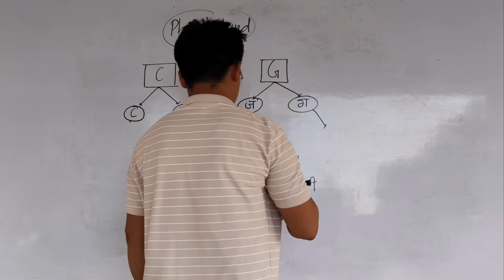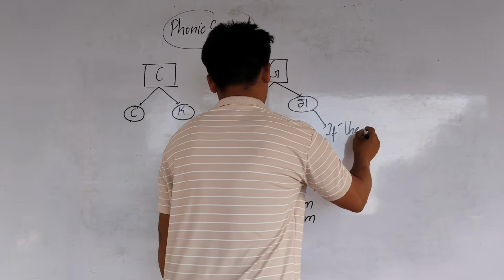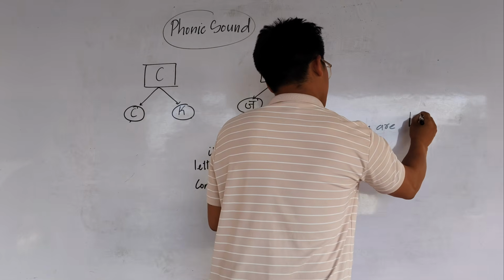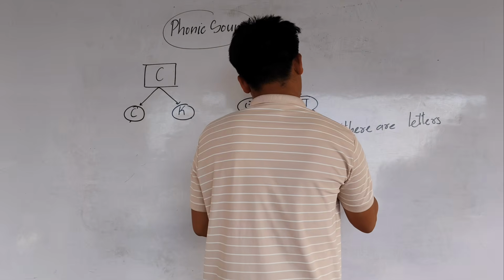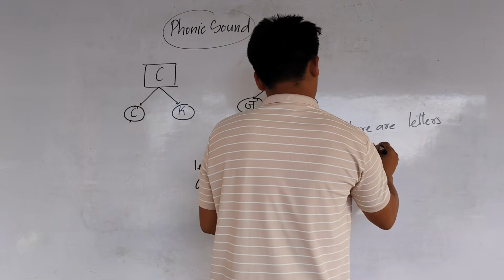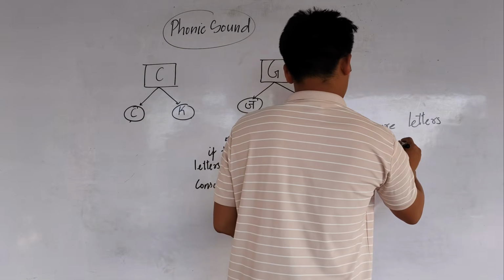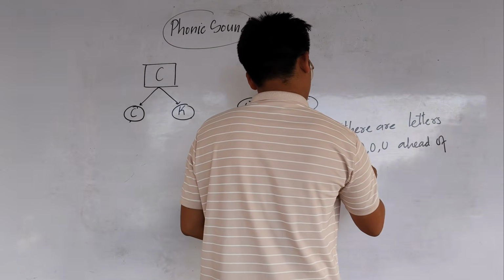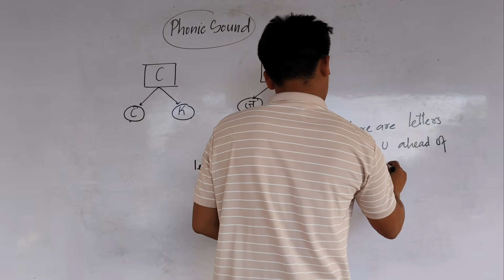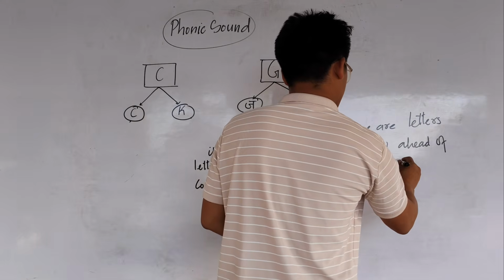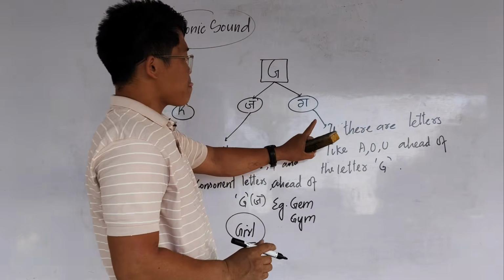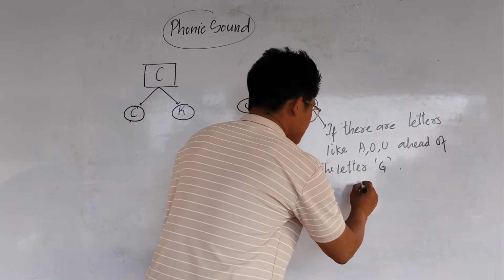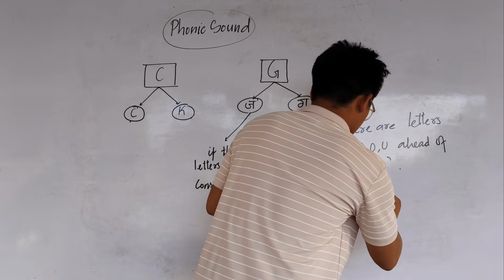Now let me tell you about G. If there are letters like A, O, U after the letter G, then you will pronounce it as G. Example, G-A-T-E.